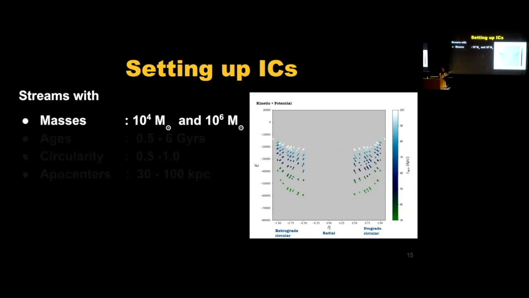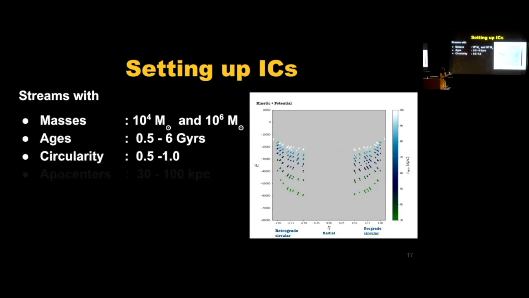We have two kinds of masses, 10 to the 4 solar mass streams and 10 to the 6 solar mass streams. We also have streams of different ages, spanning from 0.5 to 6 gigayears, and circularities spanning from 0.5 to 1. We also start them at apocenters from 30 to 100, so that some are on inner orbits and some are on outer orbits.